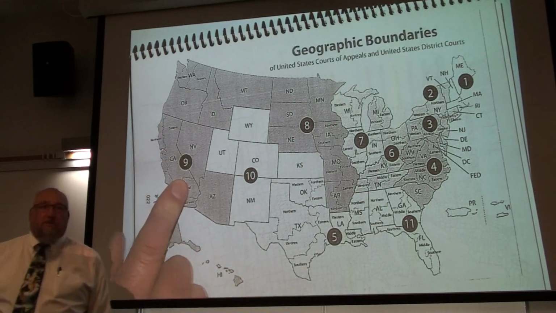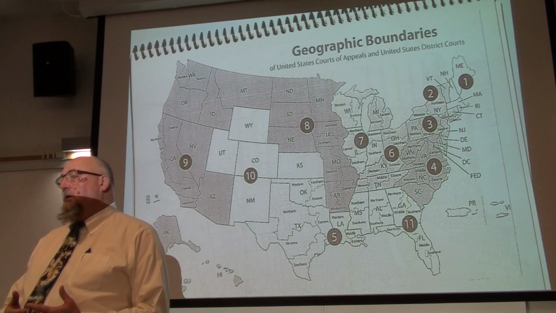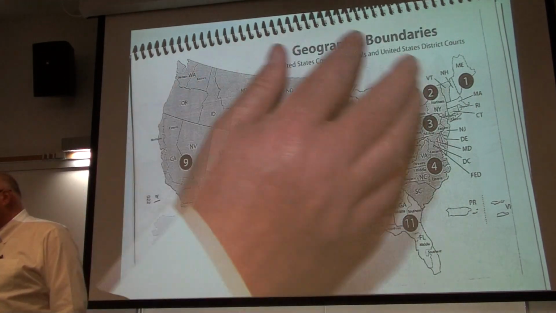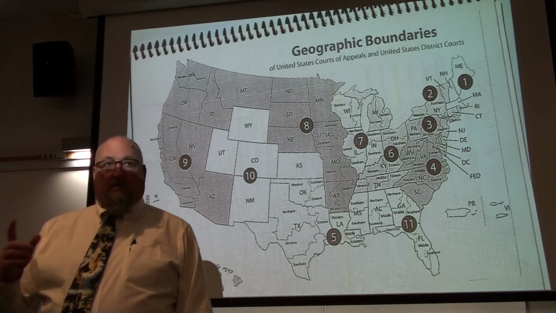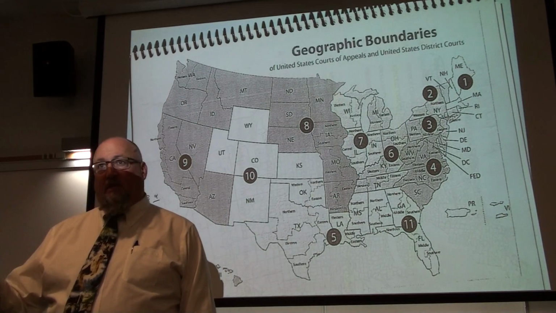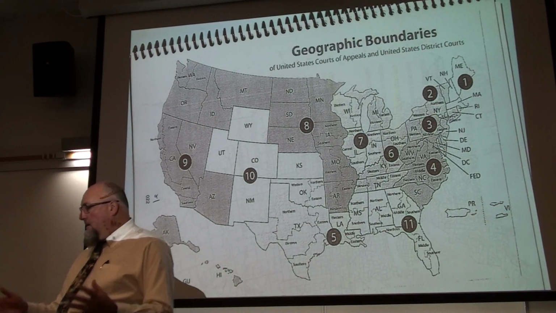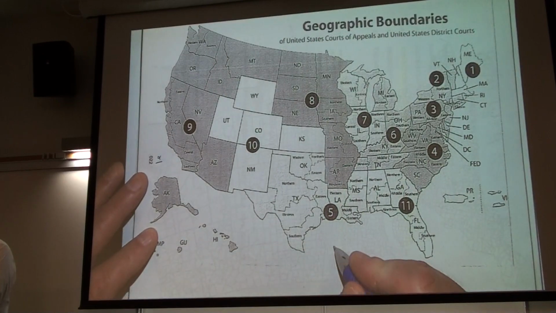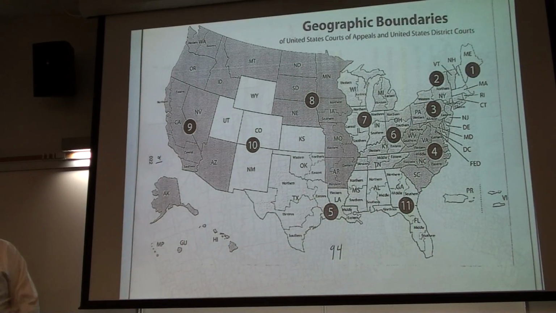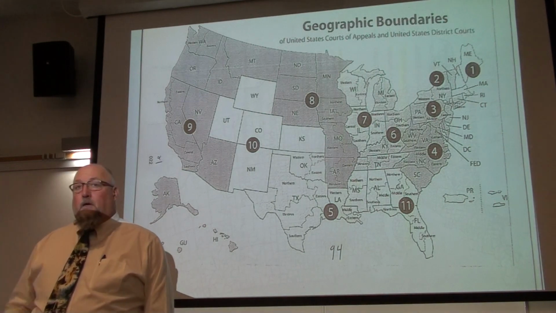California, because of population, has 4 federal court districts. If you multiply that all out across the 50 states, if I remember correctly, we come up with 94 federal courts, what are called district courts.